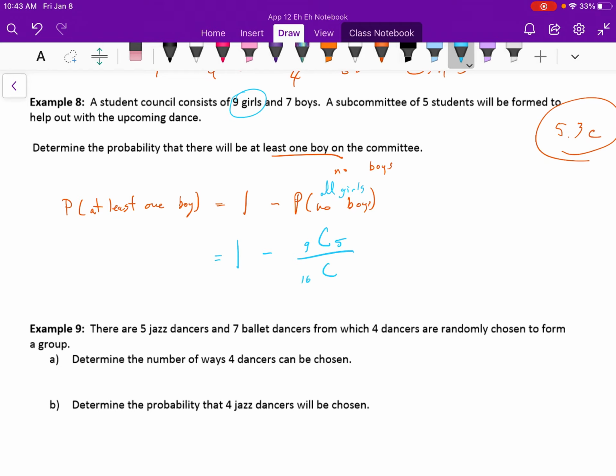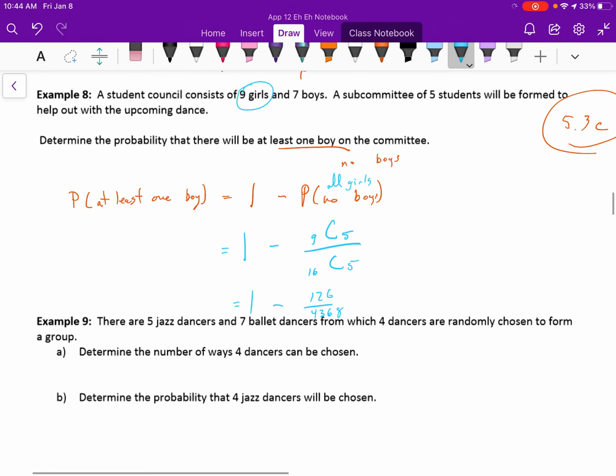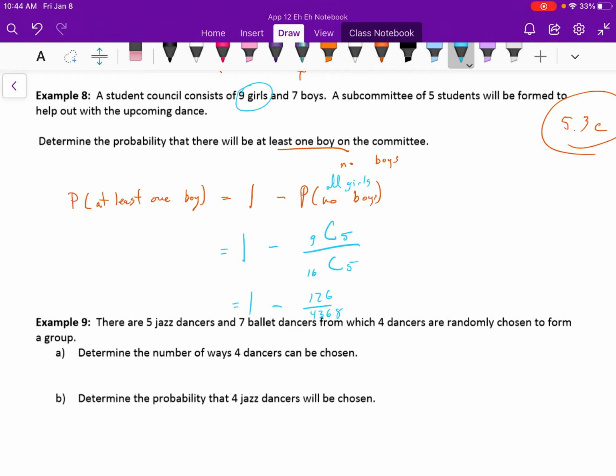Well, I have a total of 16 people, so 16 choose 5. This is the time to break out my calculator. My calculator is super awesome. And what I get is the probability of choosing a subcommittee with at least one boy is going to be 0.971.